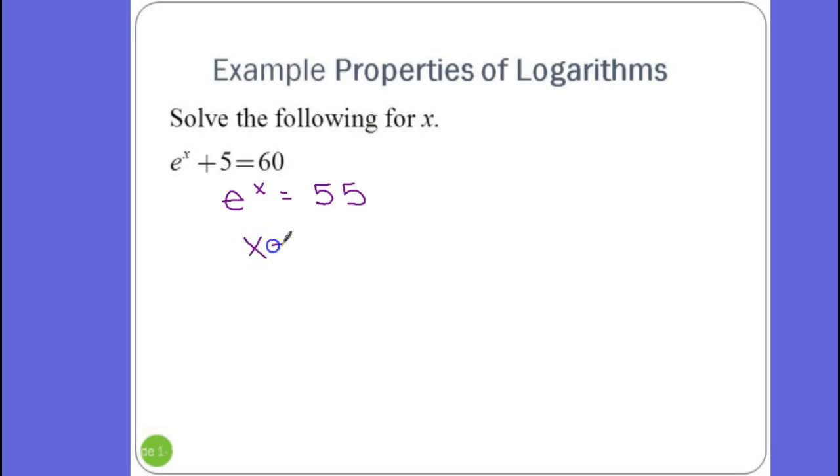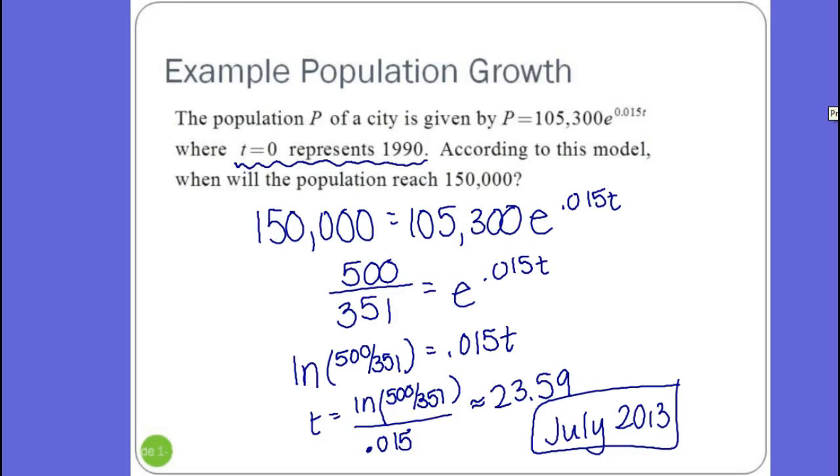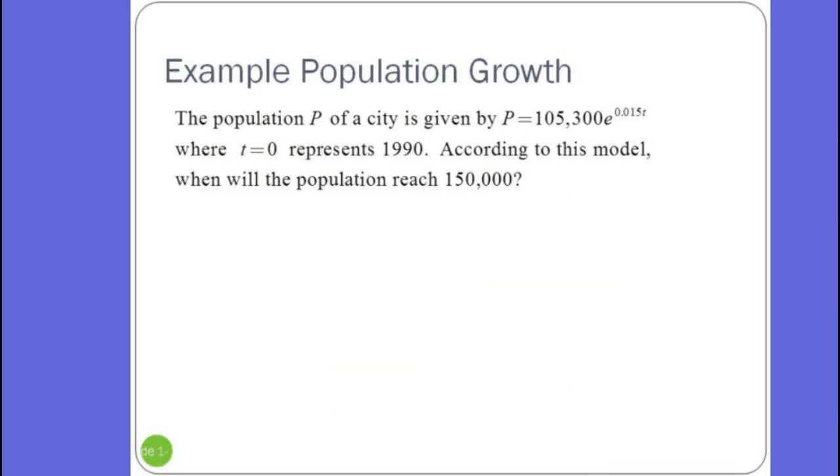Now when you ln both sides, x is a nice, lovely natural log of 55. And then I'm going to put everything back up that was already up there.